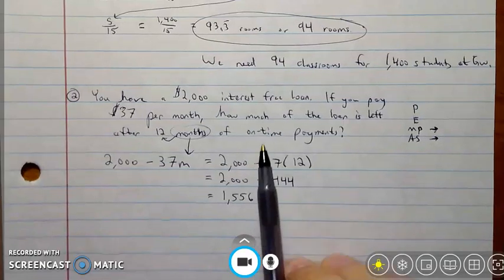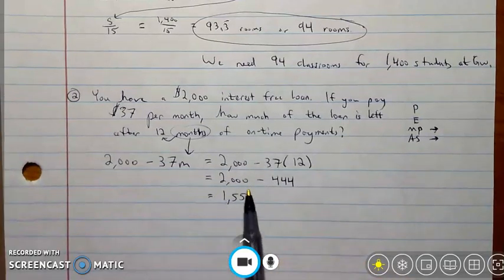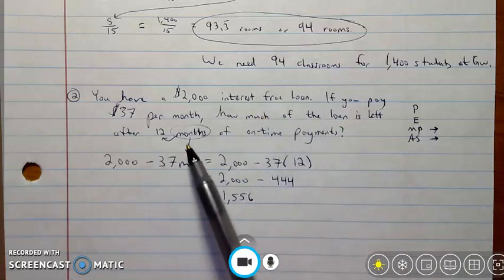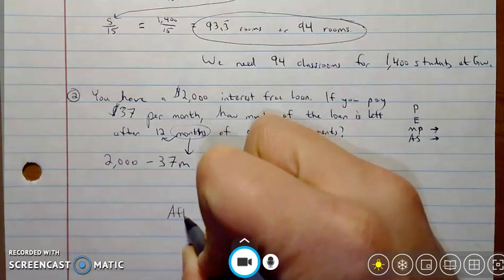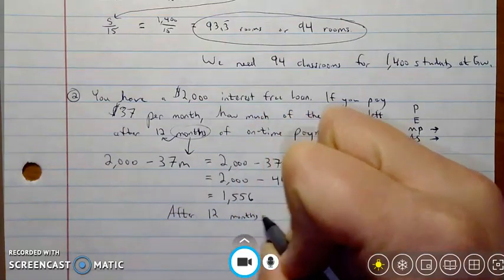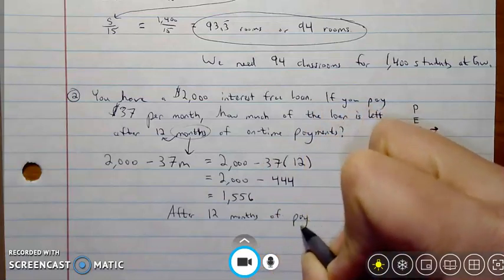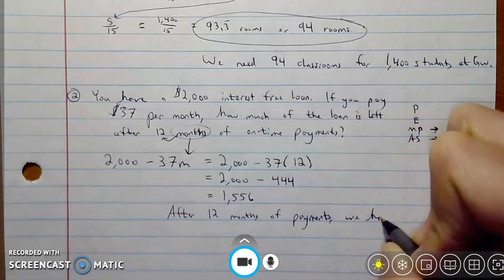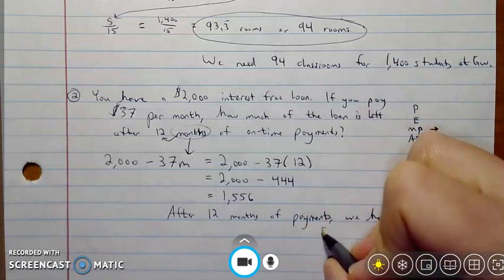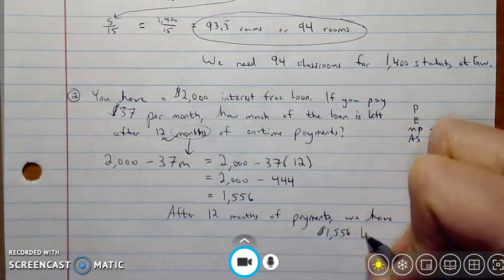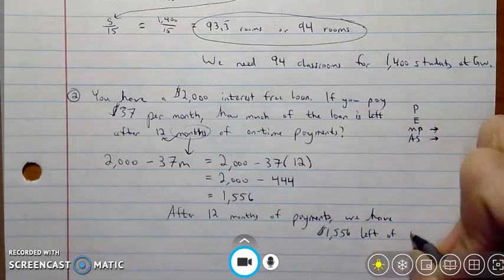That shows us you know how to do this algebra, but we need to know what the heck this number means. So our question is, how much of the loan is left after 12 months of on-time payments? So we would say after 12 months of payments, we have $1,556 left of the loan.